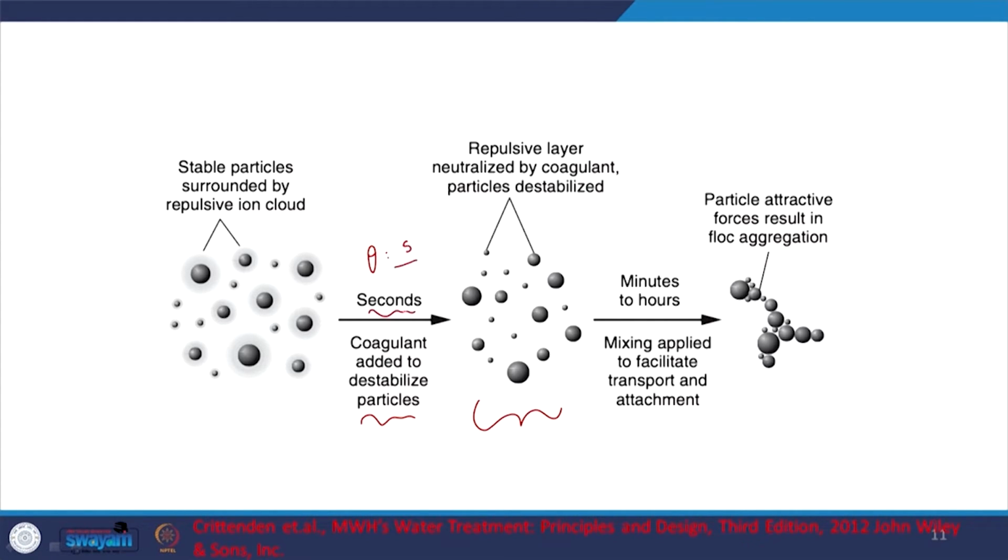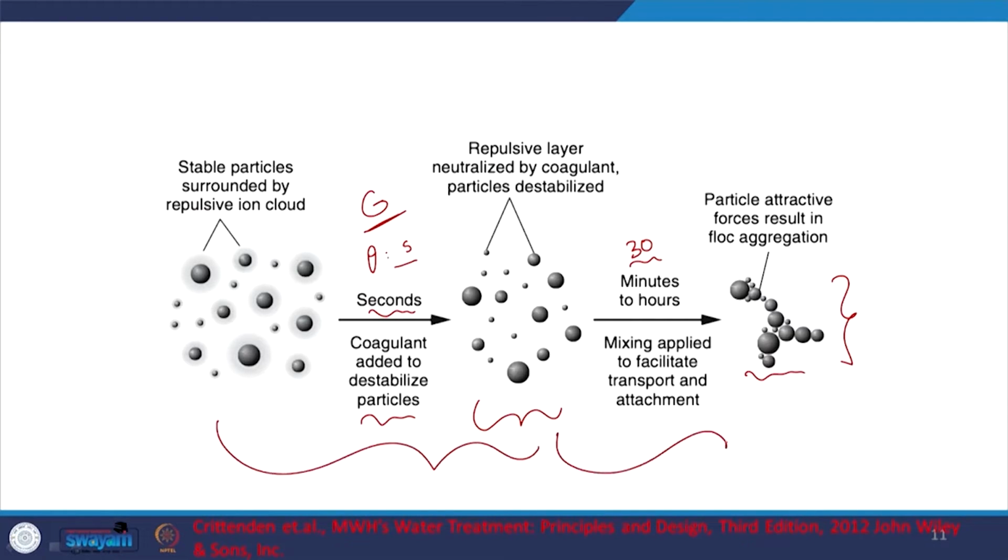And then we want the flocks to come together. If we still hold very high G values or very high intensity of mixing, the particles are not going to come together. So, here you want to give greater retention time, typically 30 minutes or such, and then you will have particles aggregating together and flocks being formed. So, coagulation and then flocculation, right.